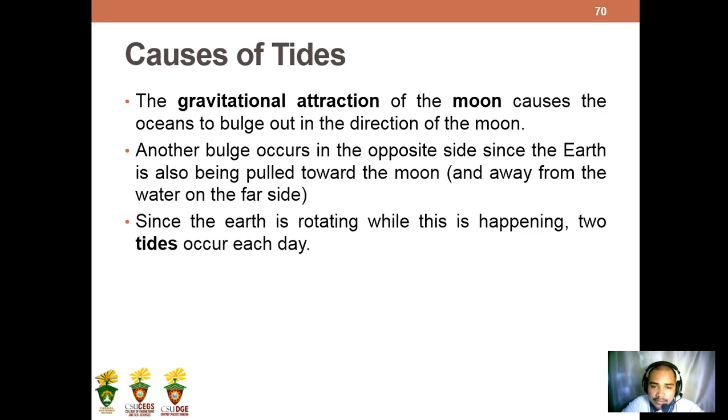And another bulge occurs on the opposite side, since the Earth is also being pulled toward the moon.